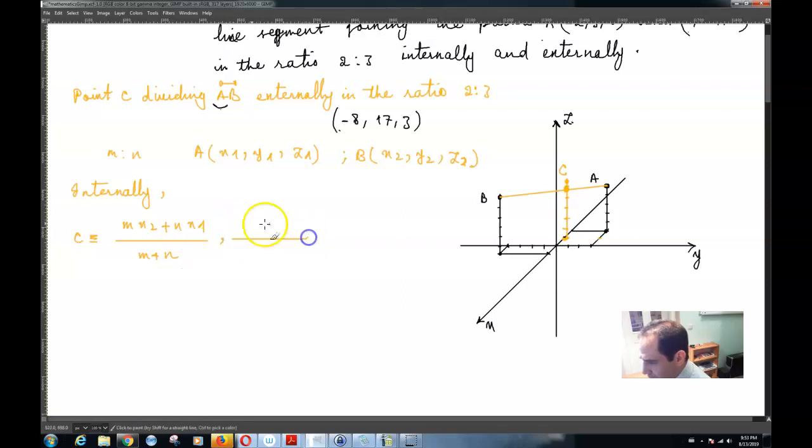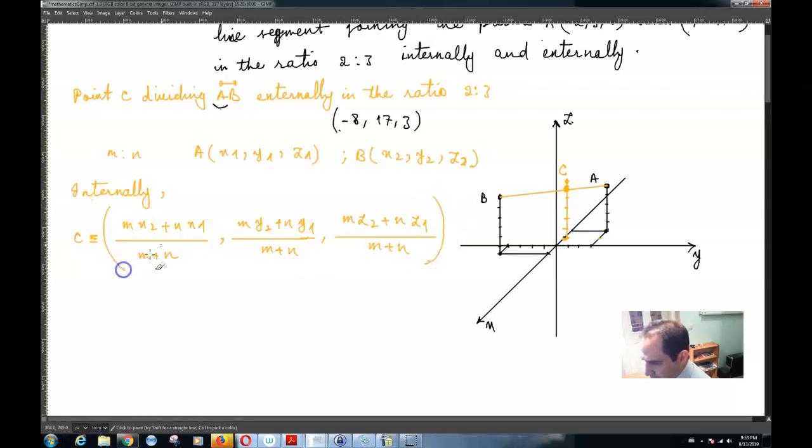The y coordinate is m times y2 plus n times y1 over m plus n. And the z coordinate is m times z2 plus n times z1 over m plus n.